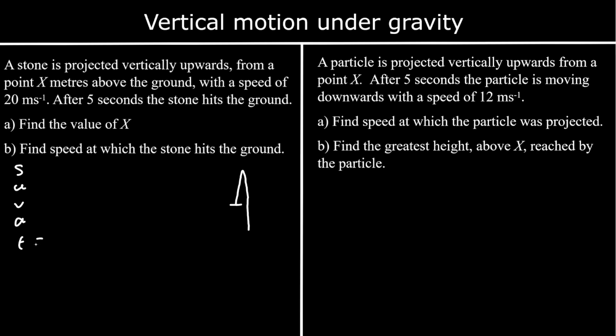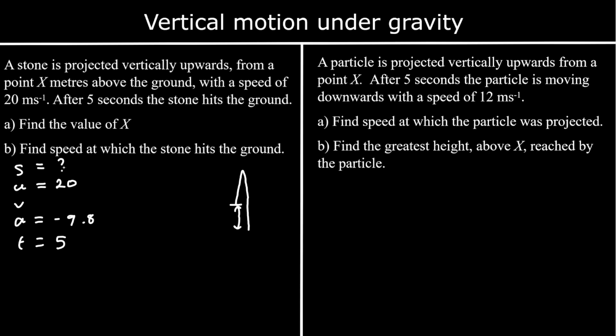So we know that time is 5 seconds. Initially, the velocity was 20. Acceleration is going to be minus 9.8, so it's acting down. We want to know the displacement, how far it's gone down. So we want to know s.